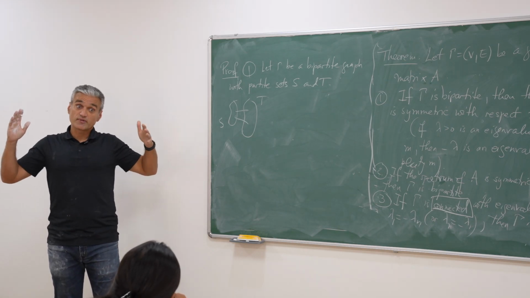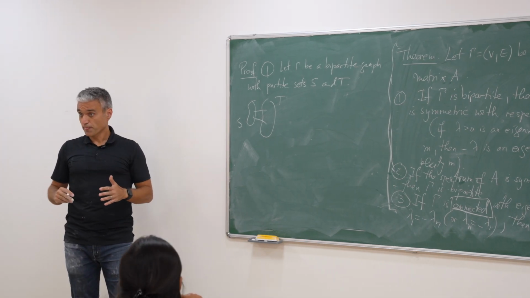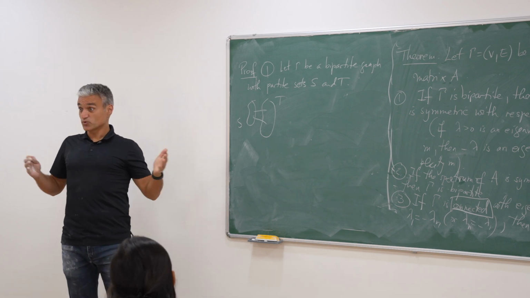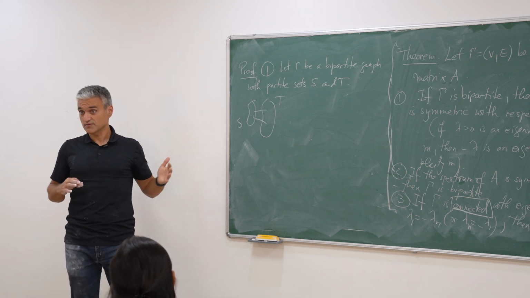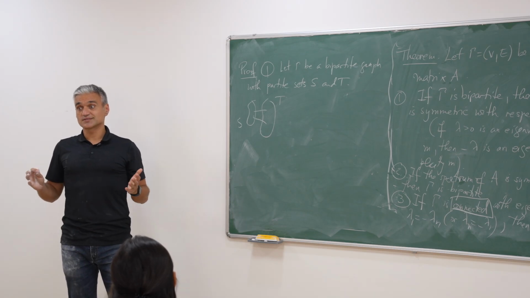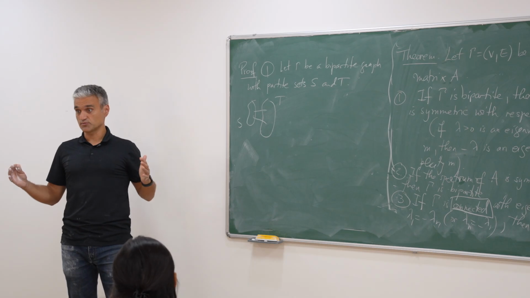So you have as many adjacency matrices as you have possible orderings of your vertices, and they will look different from the one that I have. But we'll see in the tutorials in the afternoon that all these adjacency matrices are similar to each other by a permutation matrix, so all of them have the same eigenvalues.